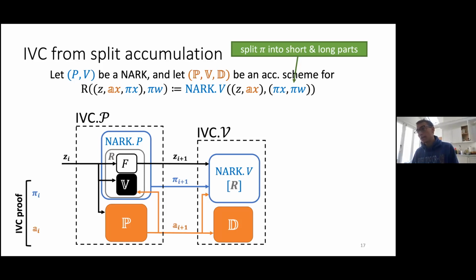In theory, what is the smallest possible size that still allows us to construct IVC? Well, it's basically anything that is sublinear, right? As long as we can split off a part of the accumulation instance and the proof that is sublinear in the size of the circuit that the NARC verifier is checking, then we are able to construct IVC from it.